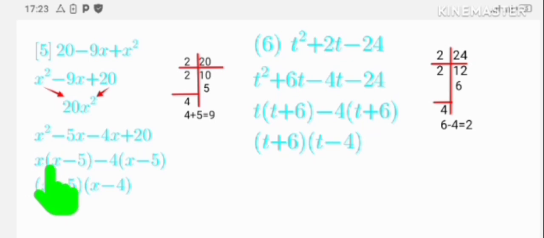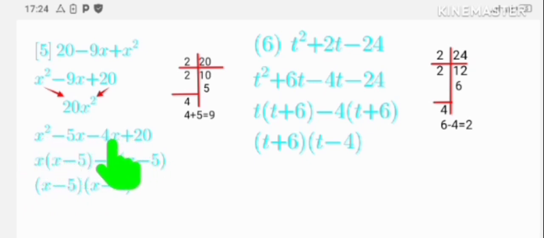So once you pull that out, you put whatever your answers are into the bracket, because x squared divided by x will give you x, and negative 5x divided by x will give you negative 5. If you open this bracket back, you are going to get everything that is here.